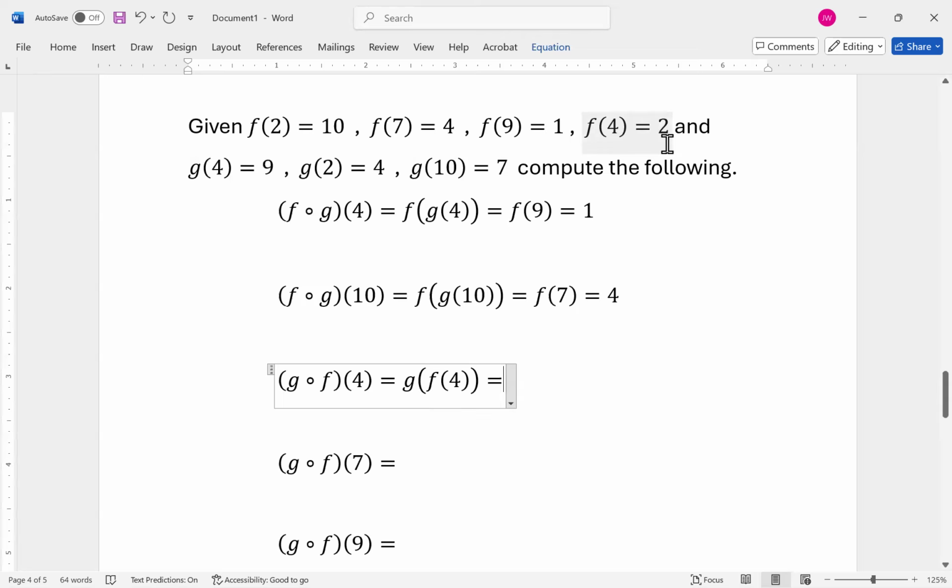So that output of 2 becomes my new input for my function g. g sends the input of 2 to an output of 4. Therefore, g of f of 4 is equal to 4. So g of f sends 4 to itself.